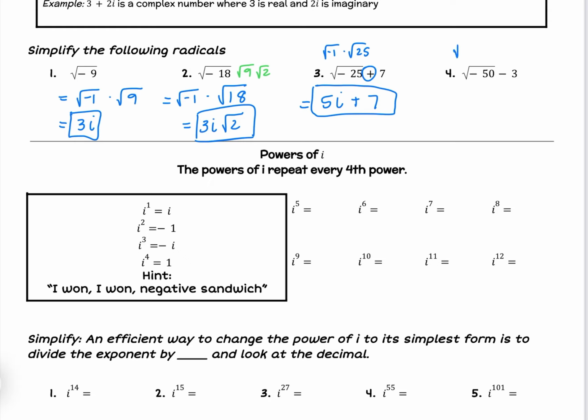We're going to do the same type of thing for number 4. We would have the square root of negative 1 times the square root of 50. 50 is not a perfect square, so we're going to break that down how we can. I'm going to break it up into the square root of 25 and the square root of 2.